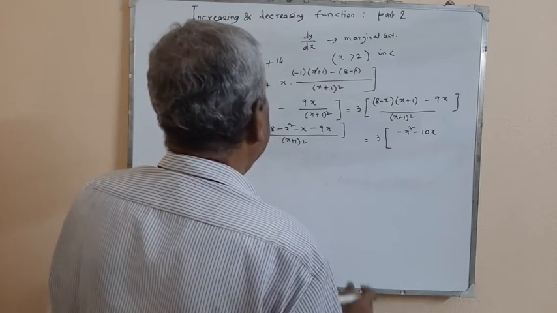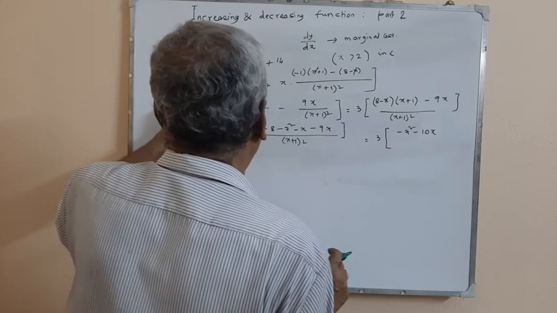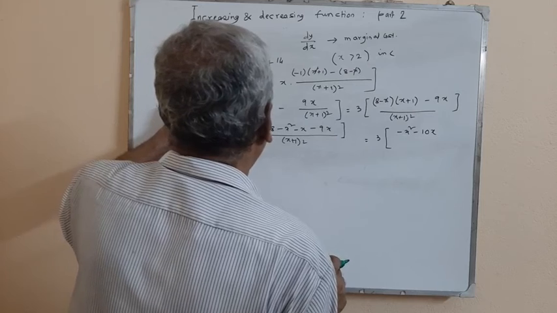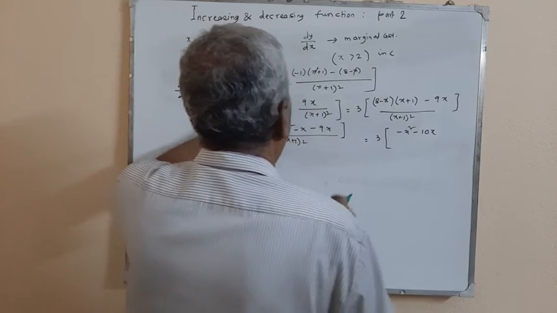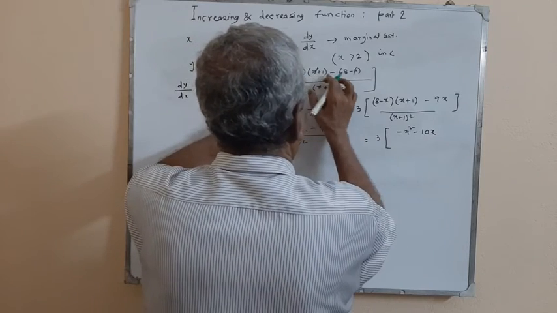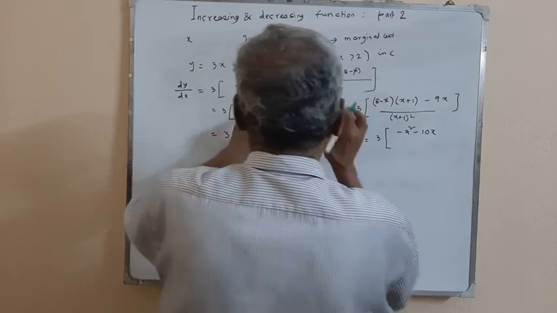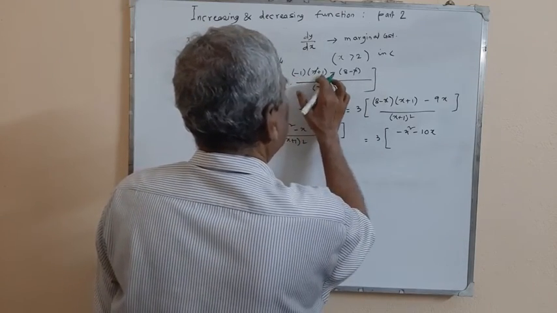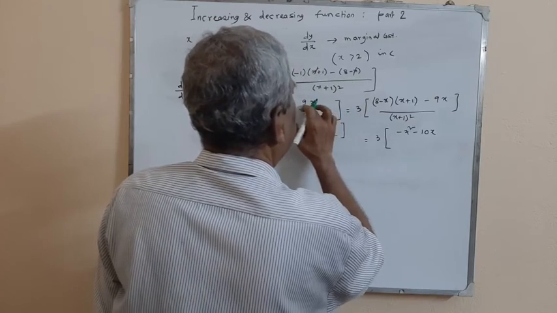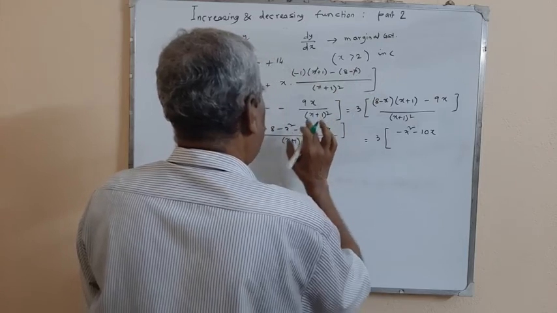Just one minute, I think I somewhere made a mistake. Plus x into minus 1 into x plus 1, minus 8 minus x into 1, divided by this whole square. This is minus 1 minus 9x minus x plus x. That is also okay.